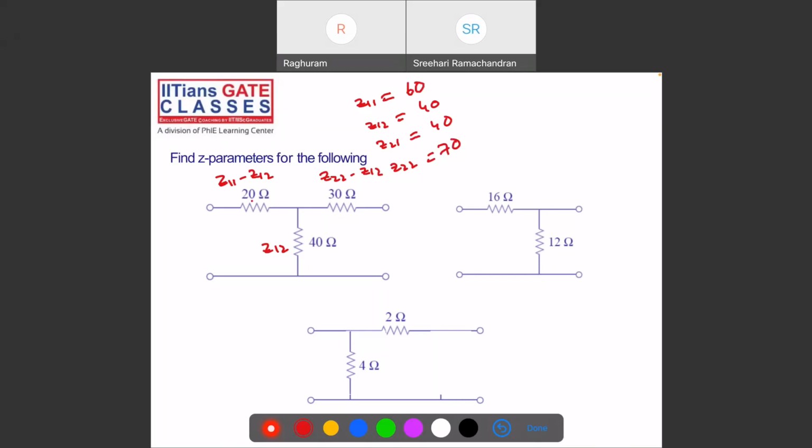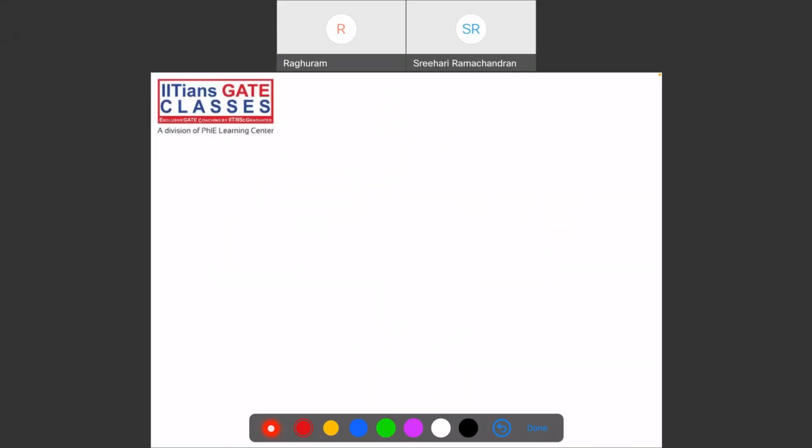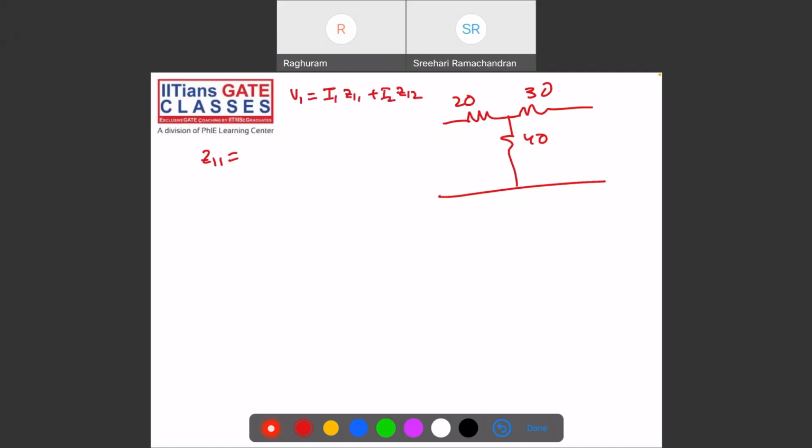If you don't know the shortcut, how do you find it? This is my 20, 30, and 40. So what is Z11? You should remember this: V1 is equal to I1 Z11 plus I2 Z12, and V2 is equal to I1 Z21 plus I2 Z22.